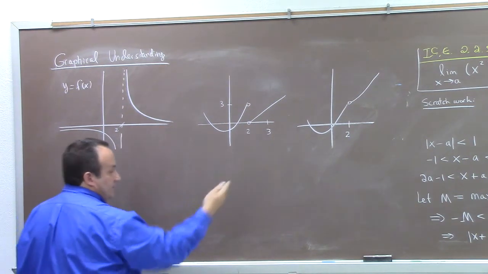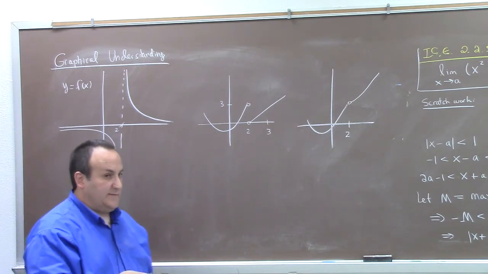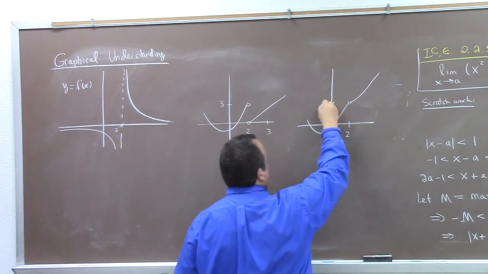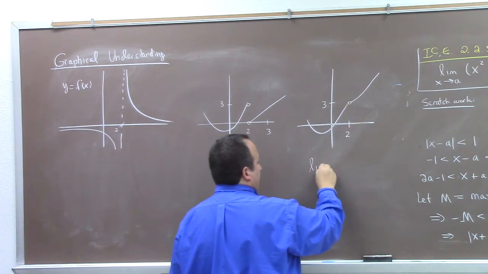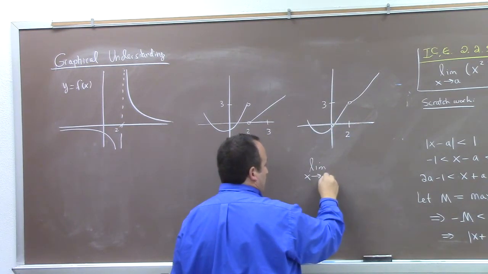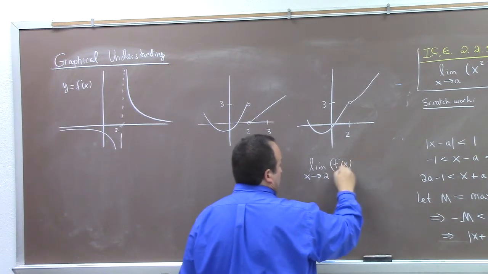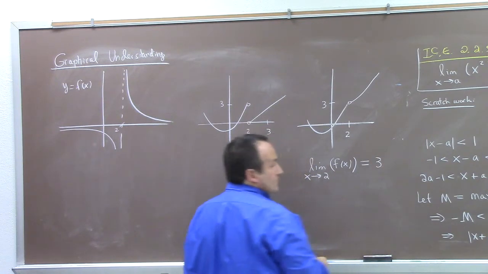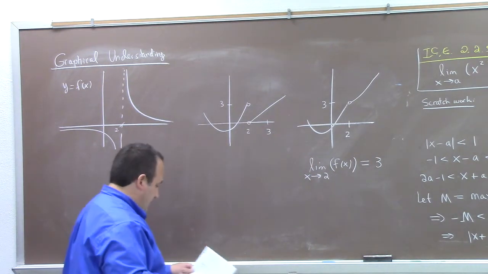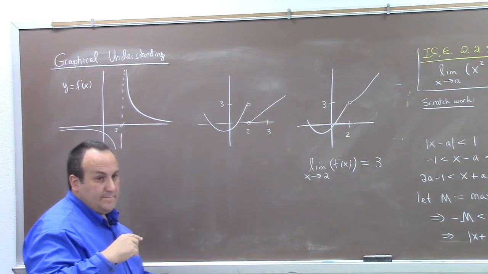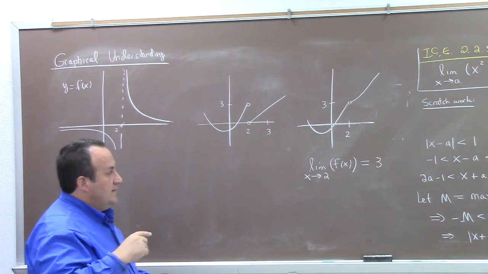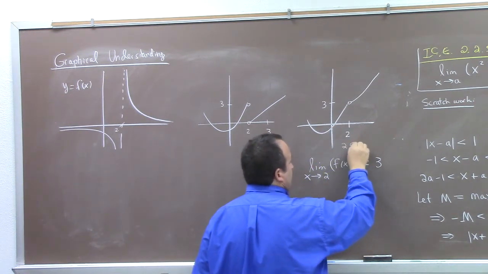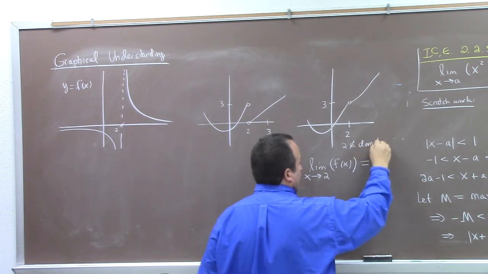So we can at least try to calculate the double-sided limit in each one of these. So in this one here, let's start with a positive. The limit as x approaches 2 of f of x is equal to 3 from what I have graphed there, okay? But notice that 2 is not in the domain of the function, right?